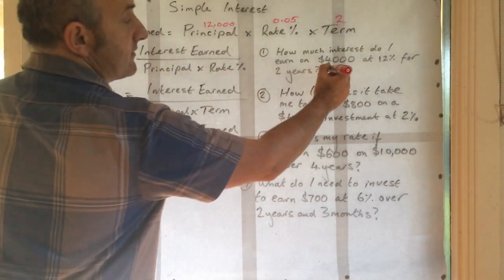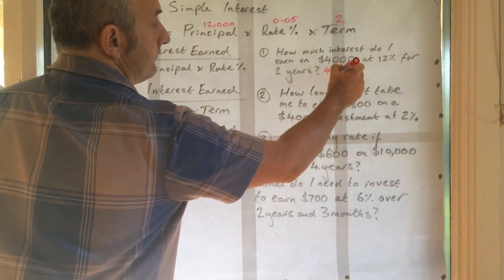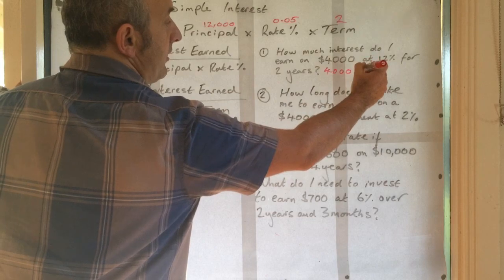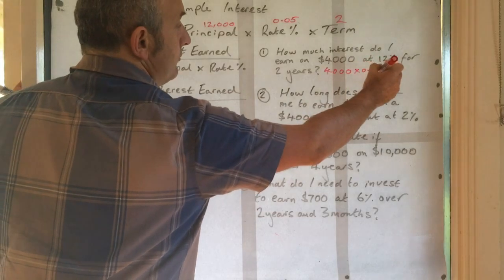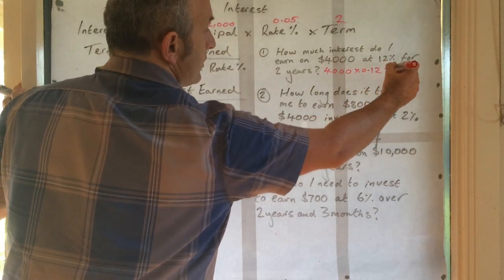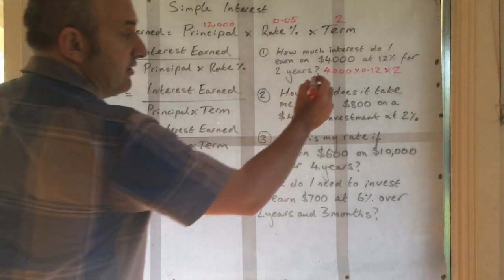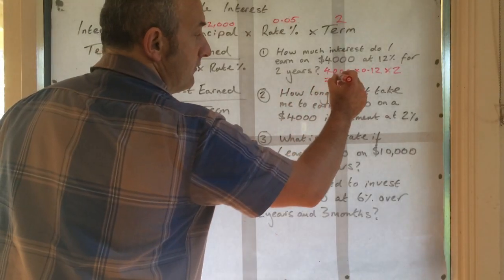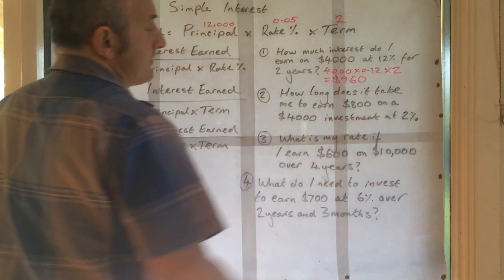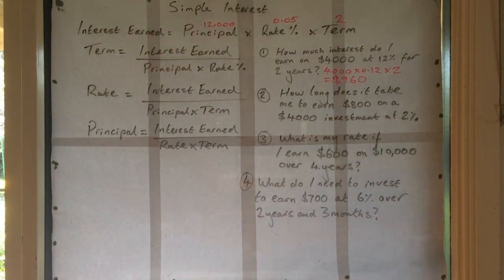I would enter 4,000 multiplied by 0.12 multiplied by 2 on my calculator. Maybe you want to do this yourself, but check that when you do, you get $960.